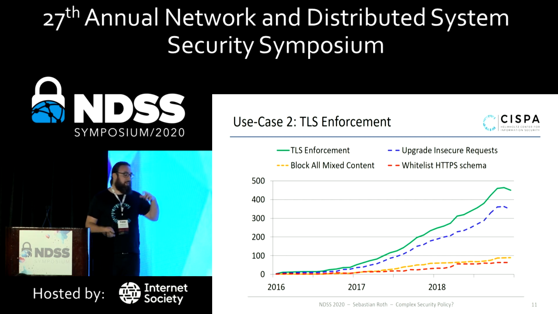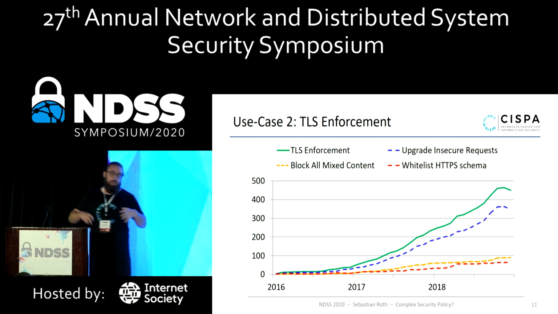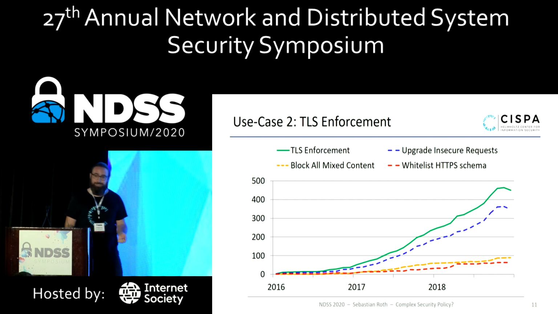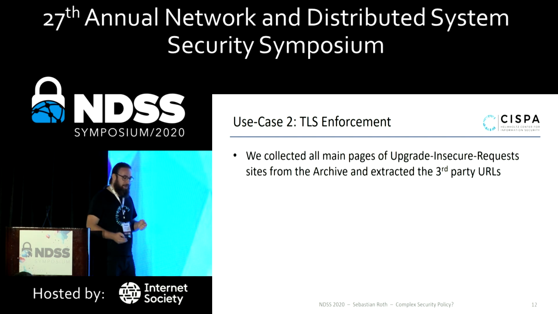In the dashed blue line, you can see the prevalence of the better and more frequently used alternative. By using upgrade-insecure-requests, the browser will upgrade all HTTP requests to HTTPS on the fly, which makes it a great utility for TLS migration, because you can leave your hard-coded HTTP links in your legacy code.